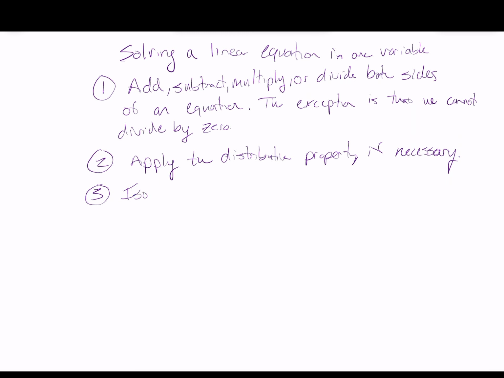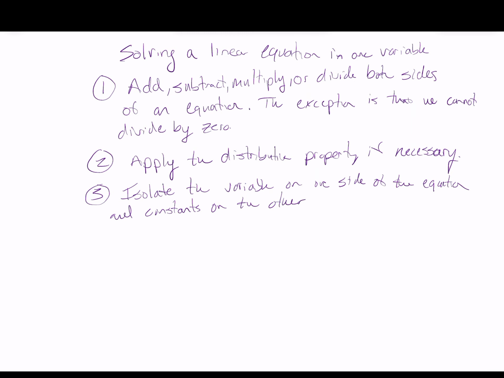Then we isolate the variable on one side of the equation and constants on the other.